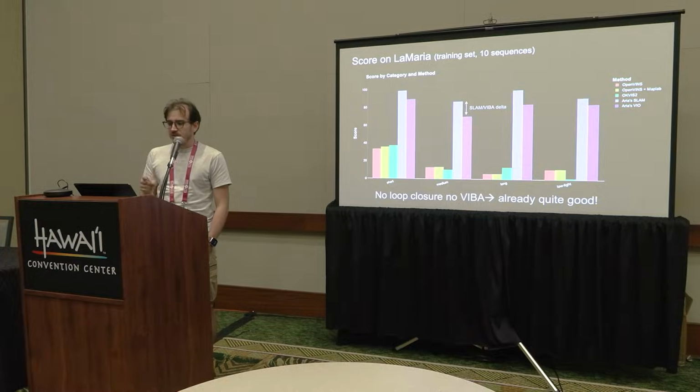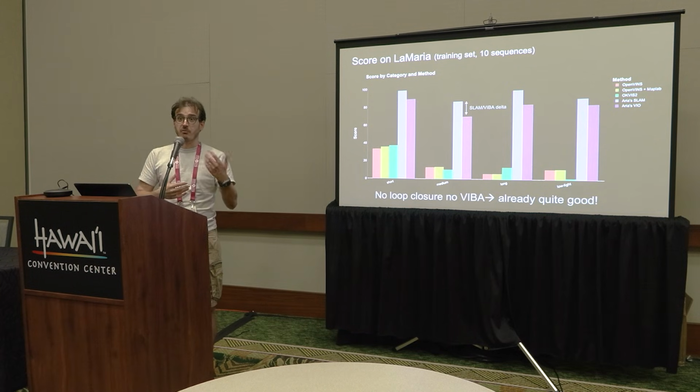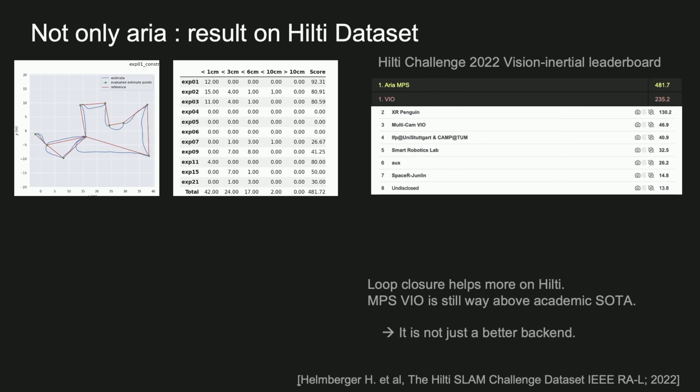The reason it's not that much worse is that the LaMAria dataset has a lot of trajectories going from point A to point B, where there is no real loop closure to correct the drift from the VIO. If we look at other datasets, there is a very good dataset released before LaMAria called the Hilti dataset. It has very good sensors for SLAM.